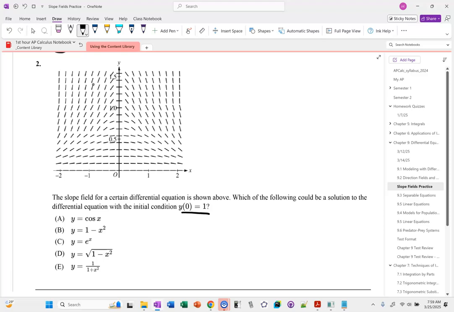Everybody can check that real quick, I hope, in your heads. So here's my 0, 1. If I draw this, that looks like what my graph should look like, right? Everybody agree that that's approximately tracing the slope field?